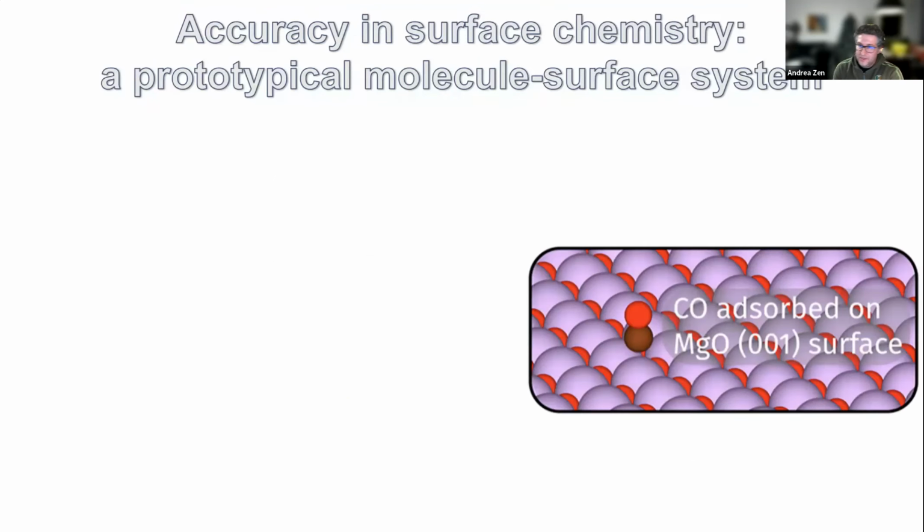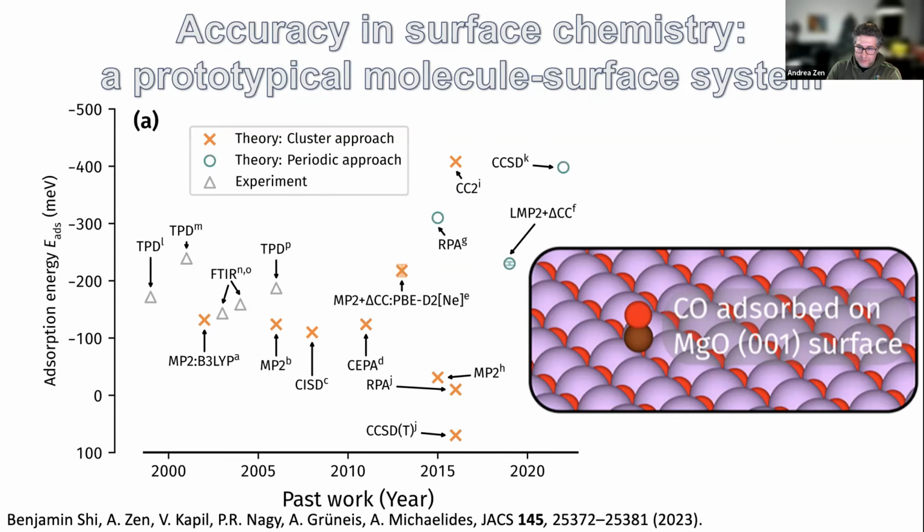Another system that is quite interesting for material modeling is the prototypical molecule-surface system, CO adsorbed on the MgO 001 surface, which has already been quite studied, both with theory and experiments.